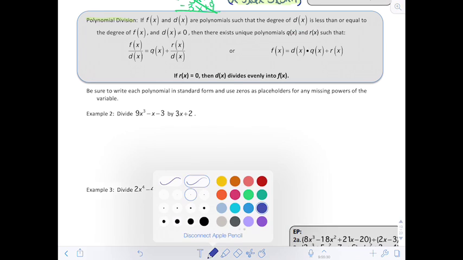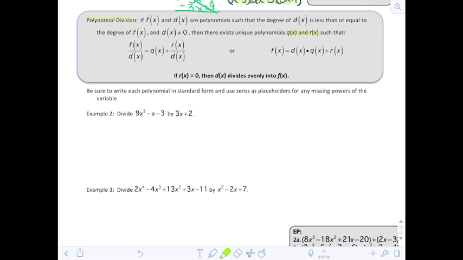Now, q of x and r of x are going to stand for your quotient and your remainder. So the concept of basic division holds true with polynomial division. So we have f of x divided by d of x.